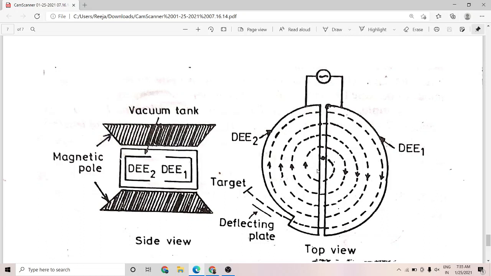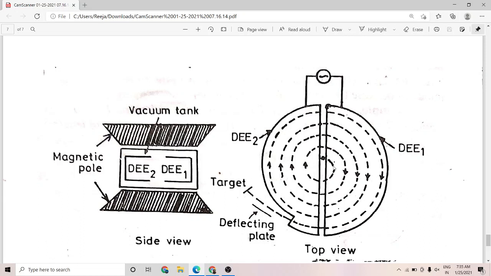So mv²/r is equal to qvB, where B is the magnetic field and small v is the velocity of the charged particle. So the radius of the path followed is given by r = mv/eB.